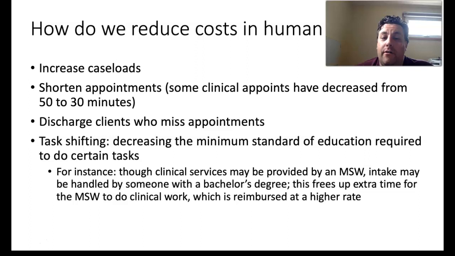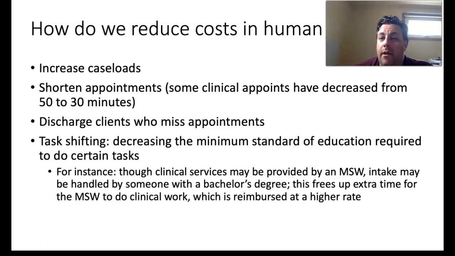And then we do things called task shifting. Task shifting is decreasing the minimum standard of education required to do certain tasks. Here's an example. Take any old, fictitious counseling mental health agency. Clinical services might be provided by an MSW, but intake might be handled by someone who has a bachelor's degree.